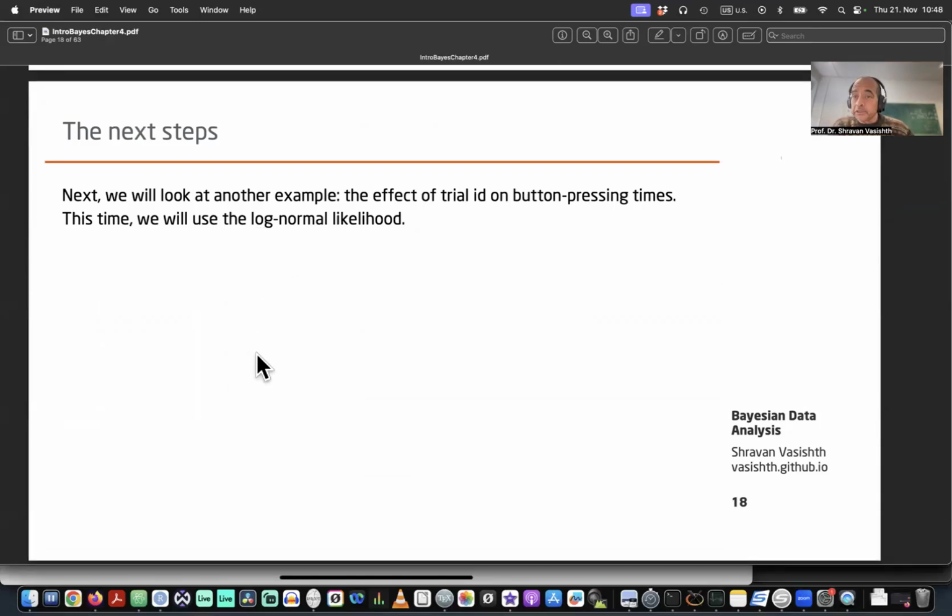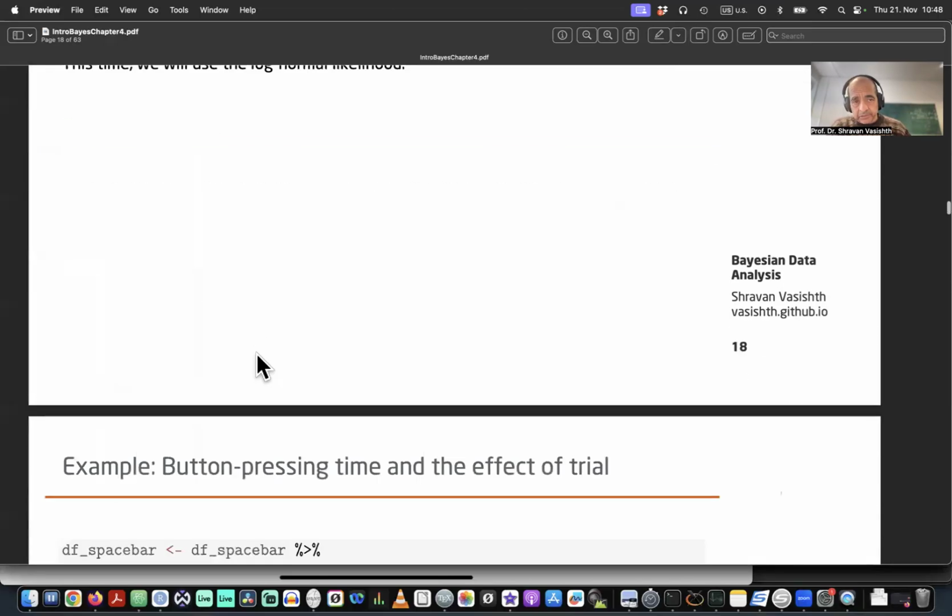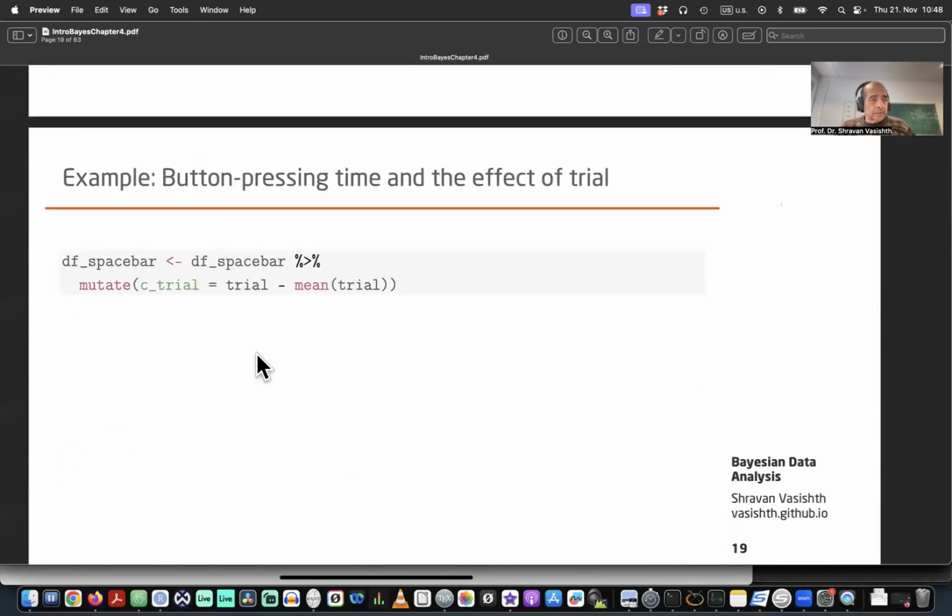And we are going to work with the log normal likelihood. So this elaborates the linear model a little by stepping away from the Gaussian likelihood and adding a predictor. So there are two complexities we've added to the linear model here. First, same as before with centered load, now we're going to center the trial ID as well. The trial ID is a number going from 1, 2, 3, 4, 5, all the way up to the number of trials in the experiment.